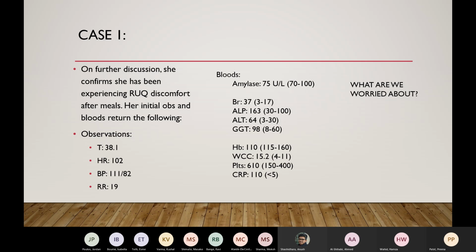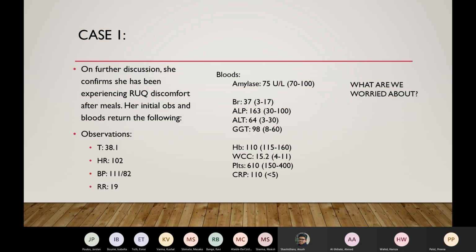Sad times. Okay, so let's see if we can work out some logic from this. So her amylase is normal. She's not got pancreatitis. She sounds history-wise like she's got some gallstones. So you'd expect her liver function to be deranged. You'd expect her to have obstructive LFTs, so her gamma GT and her ALP, you'd expect both of those to be raised, and so that's not surprising.